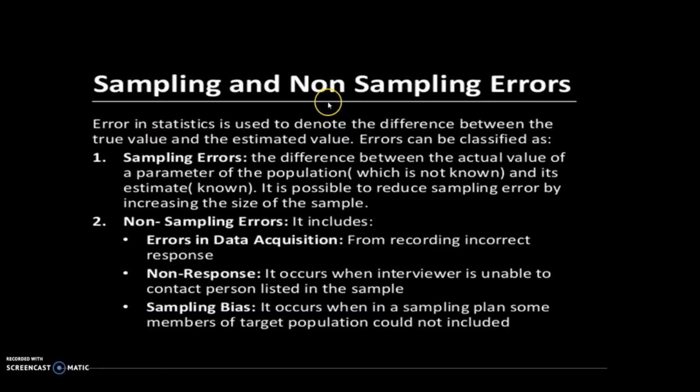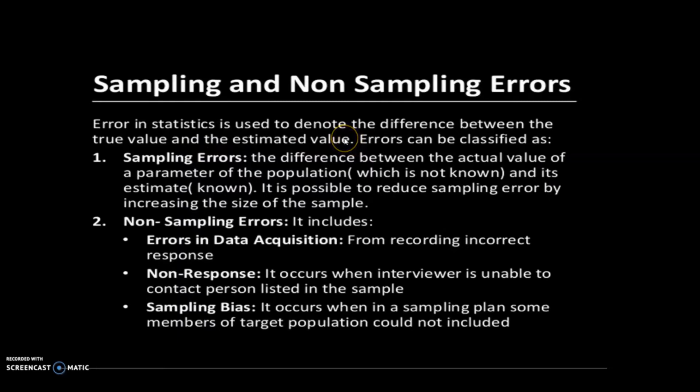Today, in this video, we would focus on different topics like sampling errors and non-sampling errors and the Census of India and NSSO. What is the purpose of sample? The purpose of sample is to get a more accurate estimate of the population parameter. Sampling errors and non-sampling errors. Error in statistics is used to denote the difference between the true value and the estimated value.